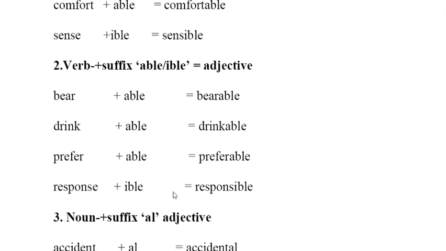Then comes verb. With a verb, in some contexts, you need to add able, then it becomes an adjective. Bear plus able, bearable. Drink plus able, drinkable. Prefer plus able, preferable. Response plus ible, responsible. So this is the suffix added with verbs and it becomes an adjective.